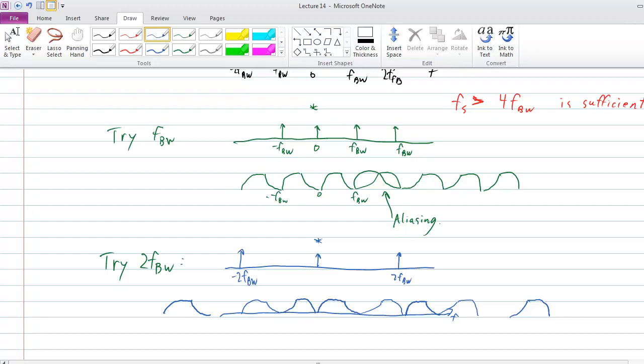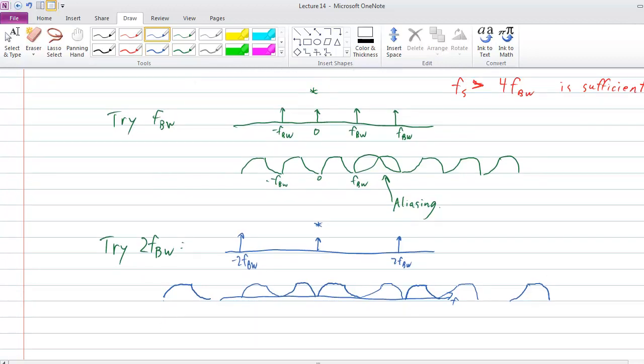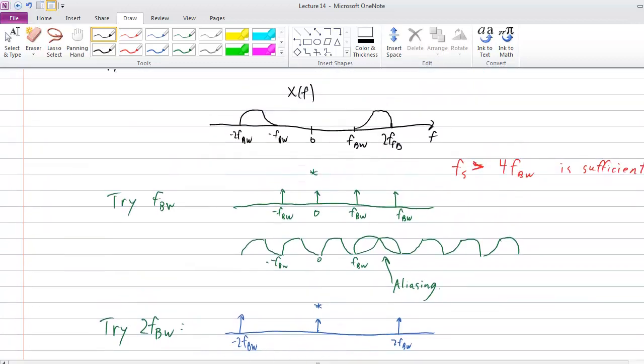Okay, so how do we recover? How do we recover x of t from the sampled version? What was that? That's how we sampled.